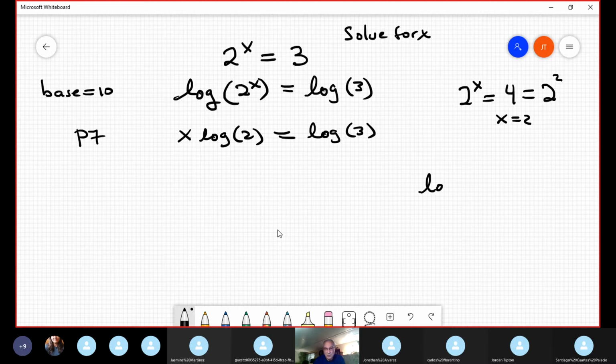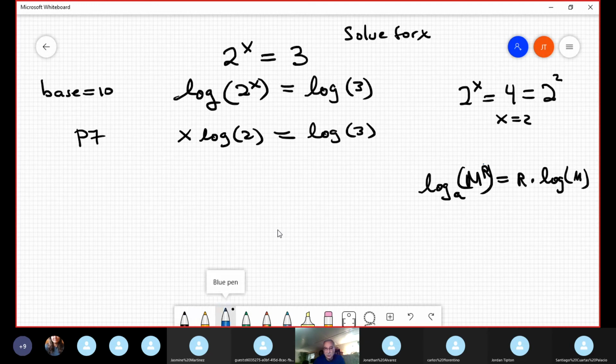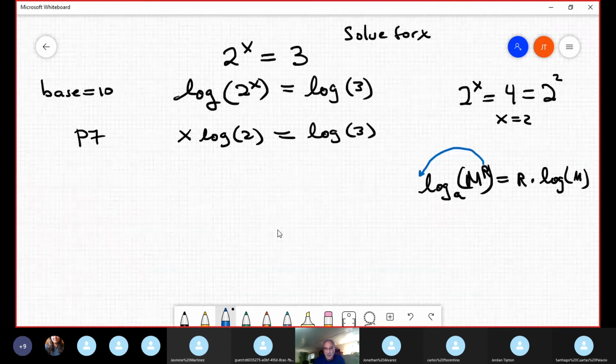It's a property that says you have logarithm of any base of m to the r. r is the exponent, and you copy r like a factor in the front. Log of m.